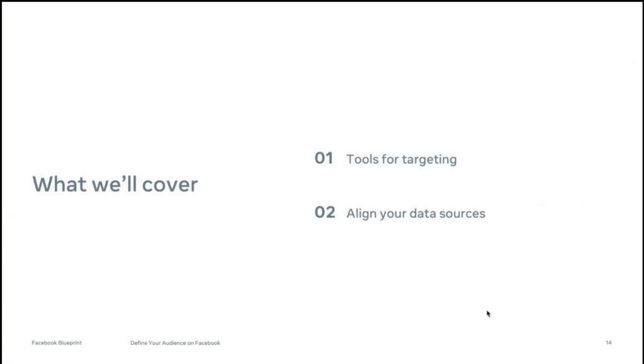Then we'll cover what data sources are there and how to align each respective data source for respective audience targeting. I'll give you a couple of best practices for each data source. This session is more about best practices, so please keep a notepad handy so that you can note down a couple of pointers.